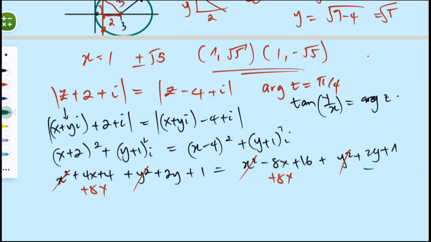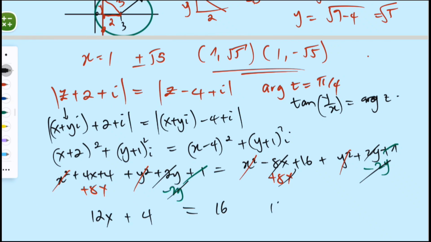The 1 as well cancels this 1. So we have 4x + 8x, which is 12x, plus 4 on one side and 16 on the other. So 12x = 16 - 4, which is also 12.